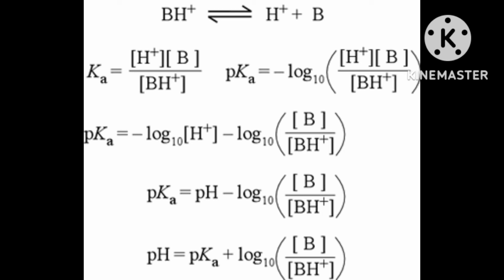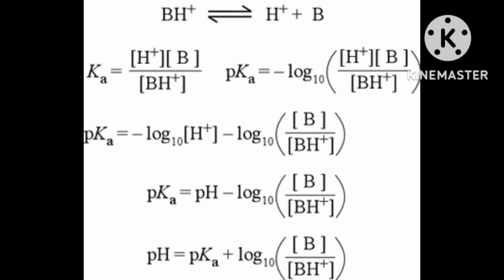Okay, this is again called the Henderson-Hasselbalch equation. Here again you can say the same concept. If the ratio of conjugate acid and base is equal to 1, then this term will become 1, hence log 1 is equal to 0.